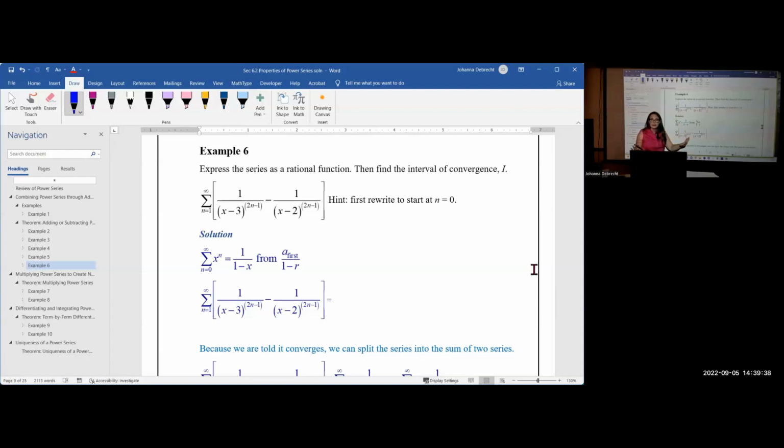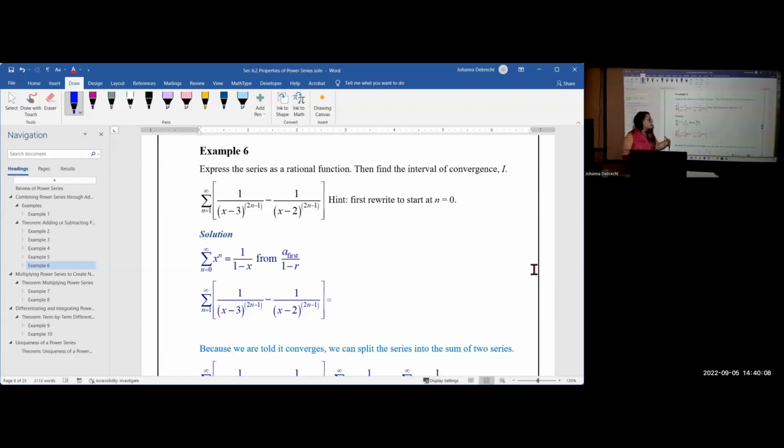Either one is fine, but it will change the power series and the function you're comparing it to. So you need to be careful when you do this and make a choice. I prefer to go to n equals 0 because then I know that it's based on the basic geometric series x to the n, which converges to 1 over 1 minus x. This function has a simpler form than x over 1 minus x, so I like to use this one better.